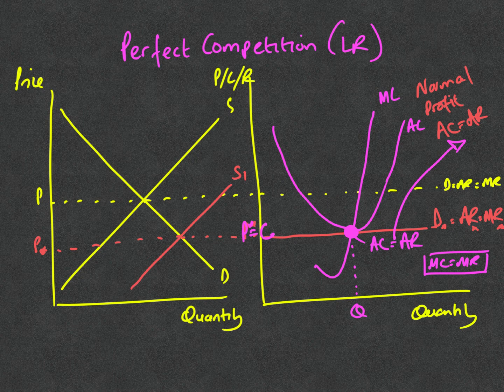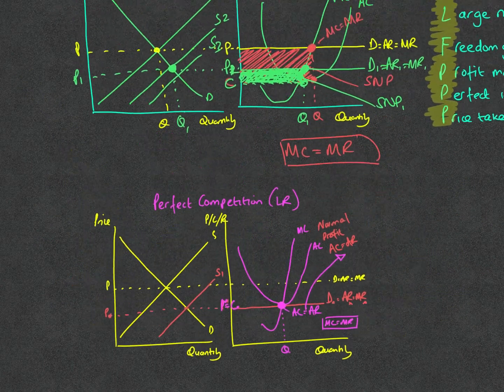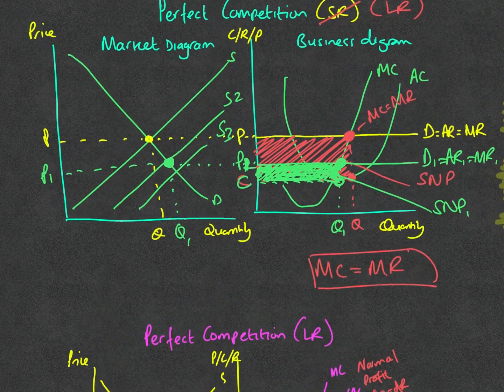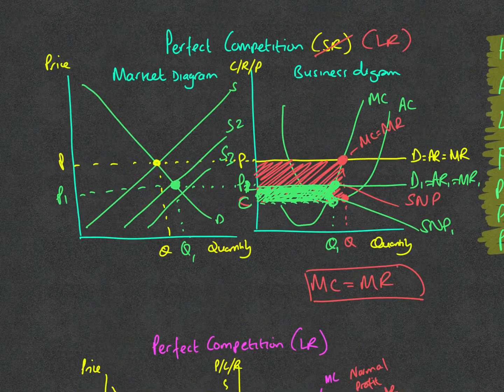Now, if we go back to this diagram here that I drew just previously, you could draw it all on one diagram, so short run and long run, but you have to work back. So you can see I've done 3 supply curves in order to get lower and lower prices and therefore lower and lower profits.